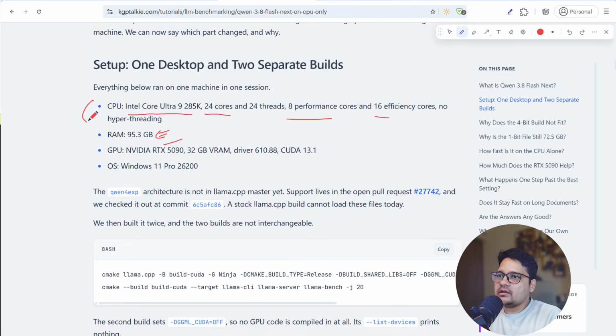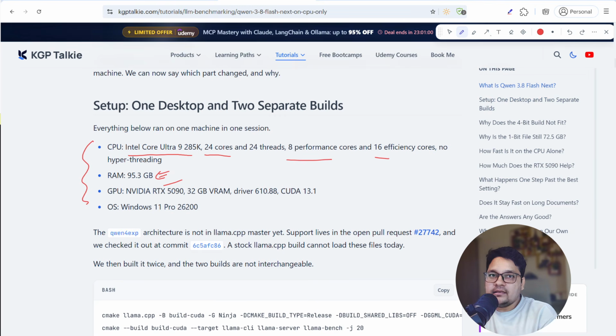I wanted to share all this information so that you have what you need to reproduce this result. And yes, I completely agree that you might not have this high-end computer, so obviously you cannot run this benchmarking on your computer. But this doesn't mean you are not going to learn anything from this video.